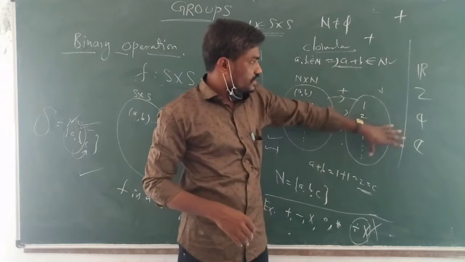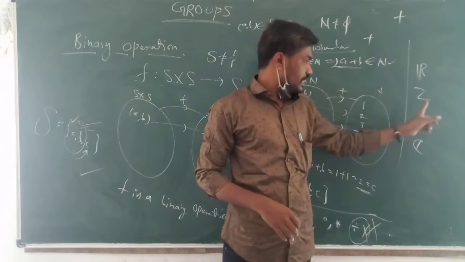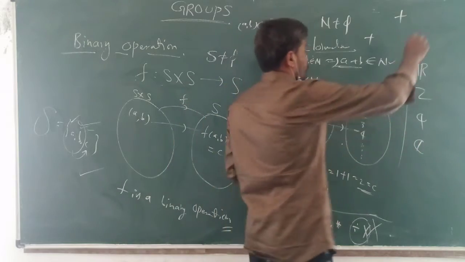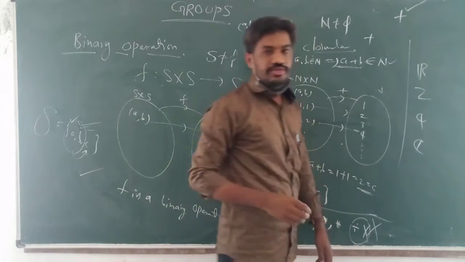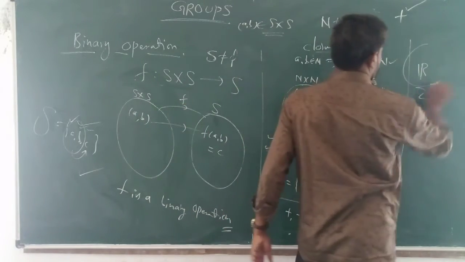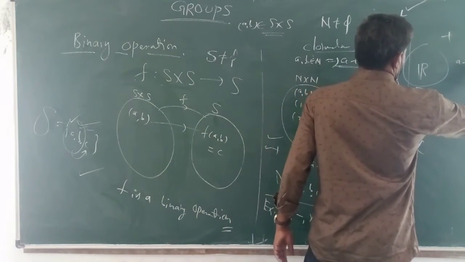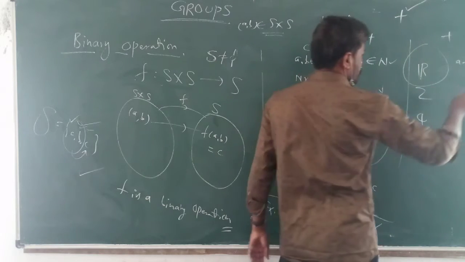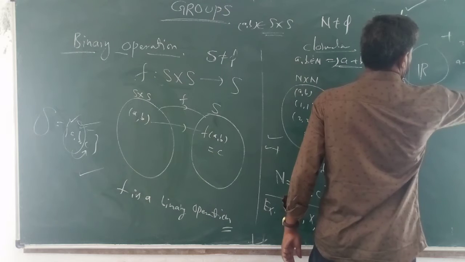So for all of them, R, Z, Q, and C, the binary operation must be satisfied. What is plus? You can select two elements from the real number set and apply the plus condition. So a + b, 1 + 2 is equal to 3. 3 belongs to real numbers.